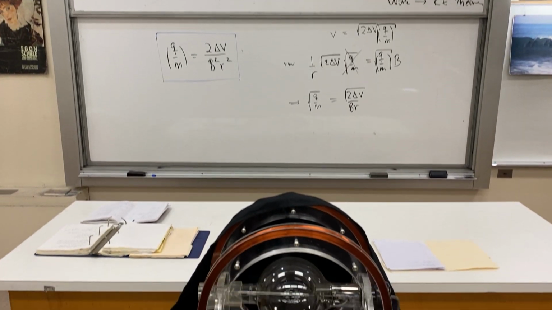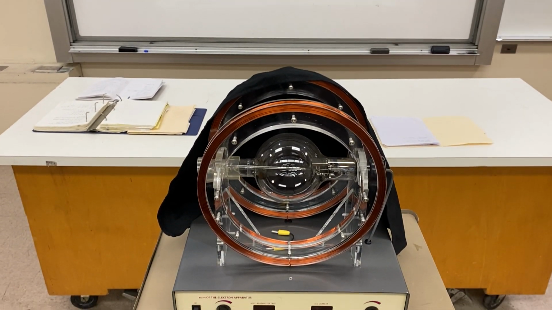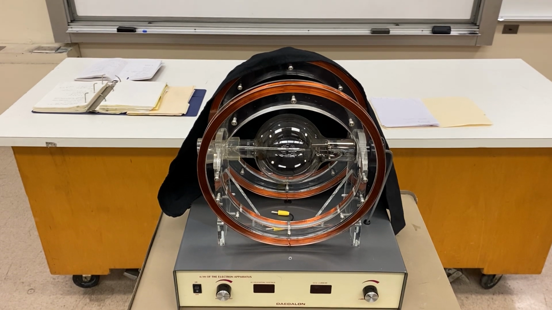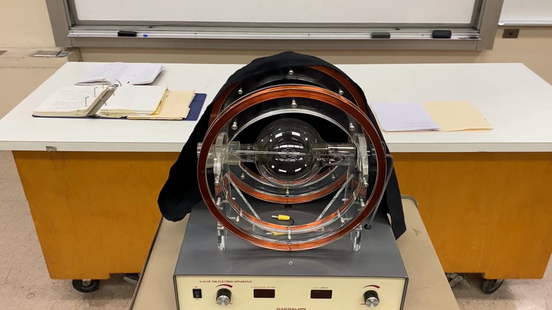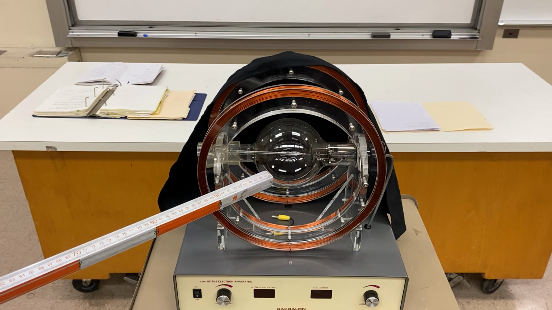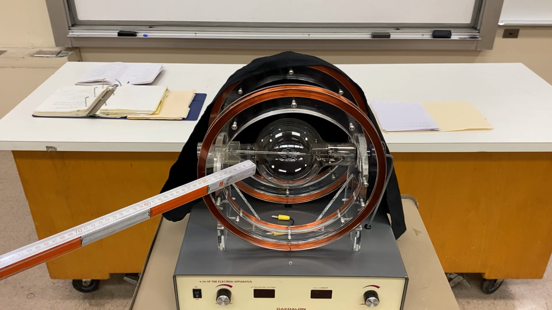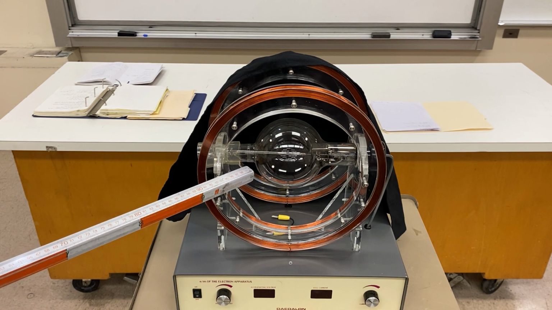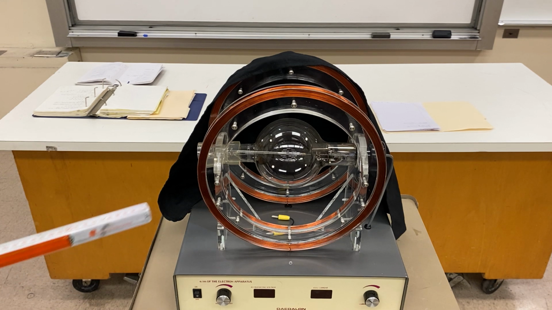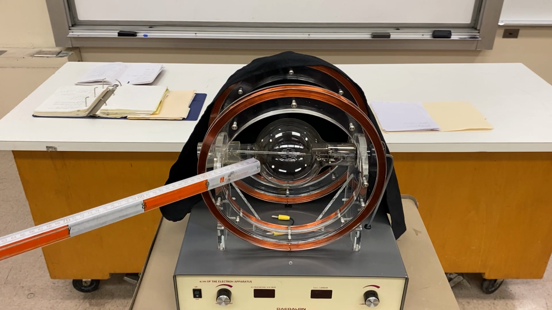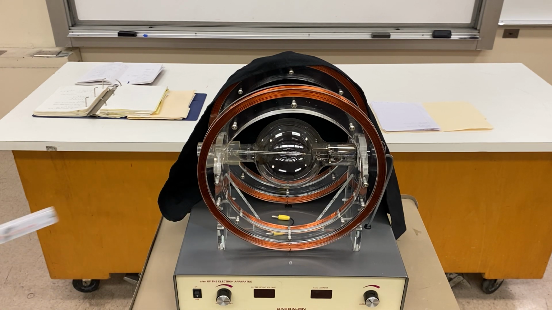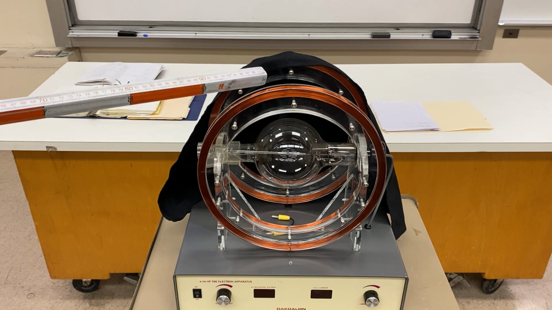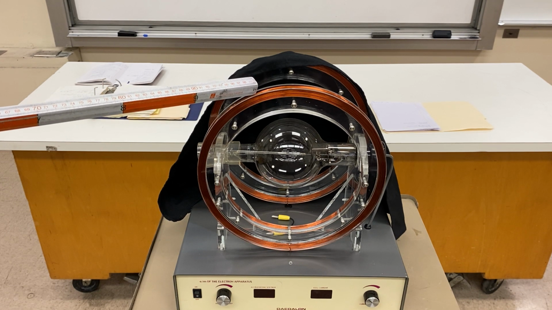But this is the device, and I'll just point out a couple of things. The vacuum tube right here is where all the action takes place, and I'll draw on the board what happens later. You've got a vacuum tube here in which the electrons do their circular motion. The magnetic field is produced by the current in these wires. That's the content of the next chapter.